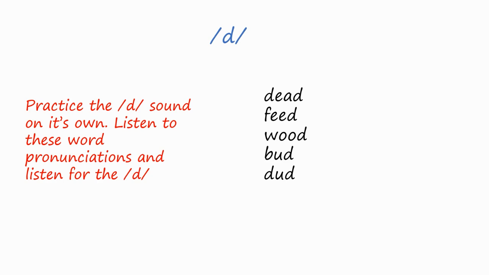The first word is dead, feed, wood, bud, dud. Now you should be able to hear that strong D sound at the end of those words. It's important that you get that strong D sound.